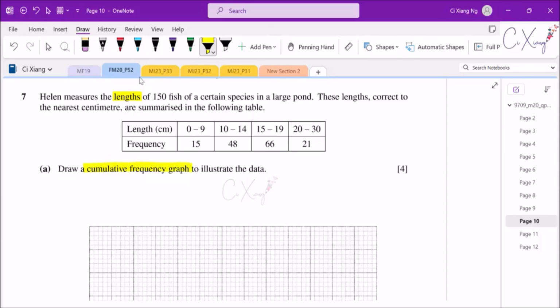Okay, so to draw the cumulative frequency graph, our y-axis should be the cumulative frequency, and for our x-axis, it should be the upper class boundary. So I need to create a simple table to list out the upper class boundary and also the cumulative frequency.